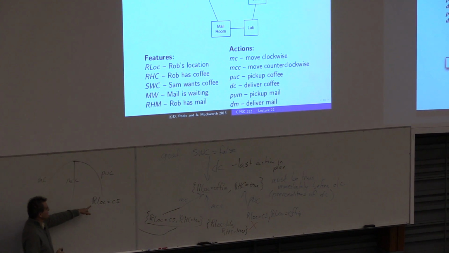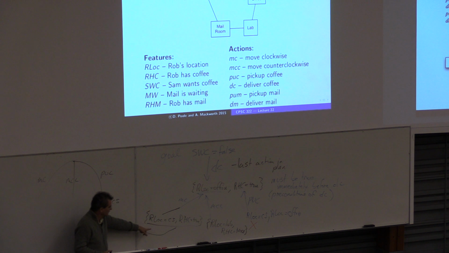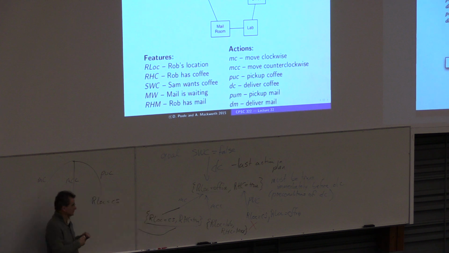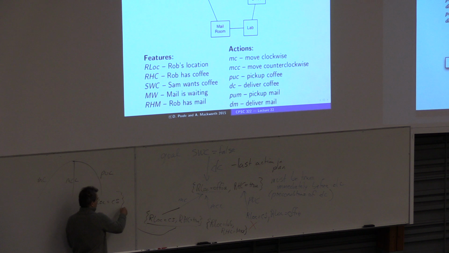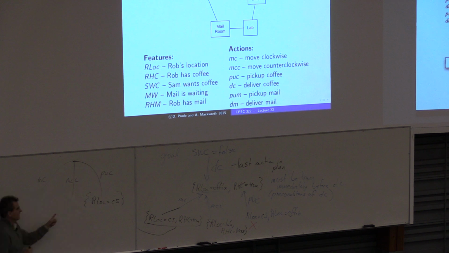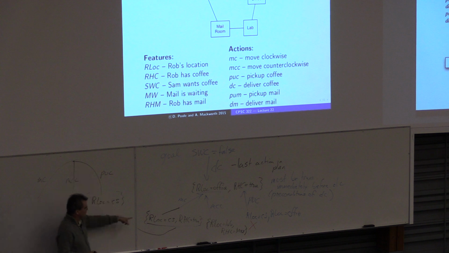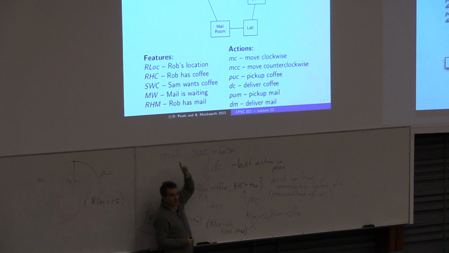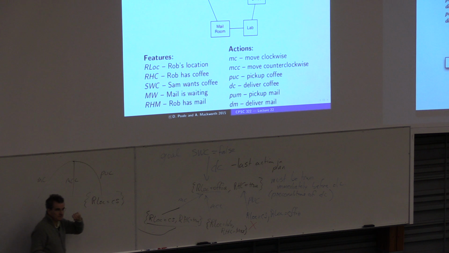And if the robot location is the coffee shop and I pick up coffee, then both of these two are true. So now it knows, just by doing this, that it has to get to the coffee shop, pick up coffee, move clockwise, and then deliver coffee. Okay? So it's going backwards from this goal to try to work out what to do. Does that make sense? Yes?